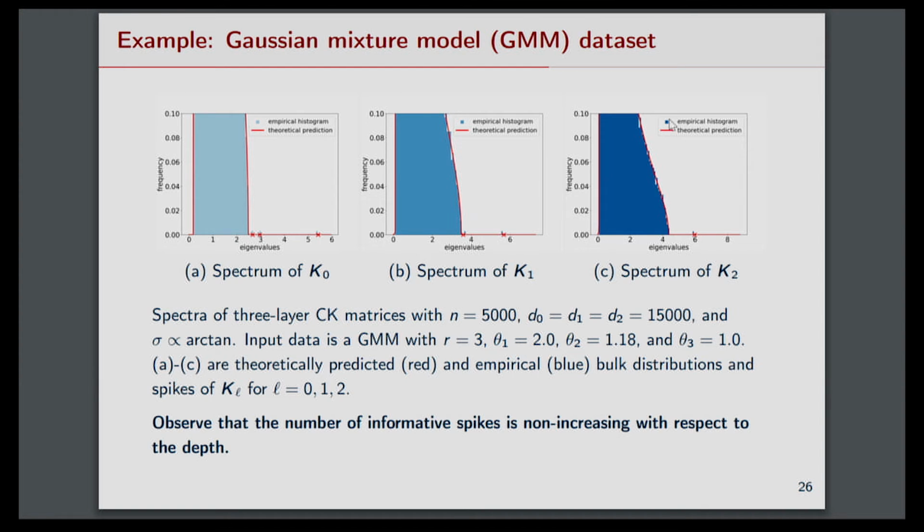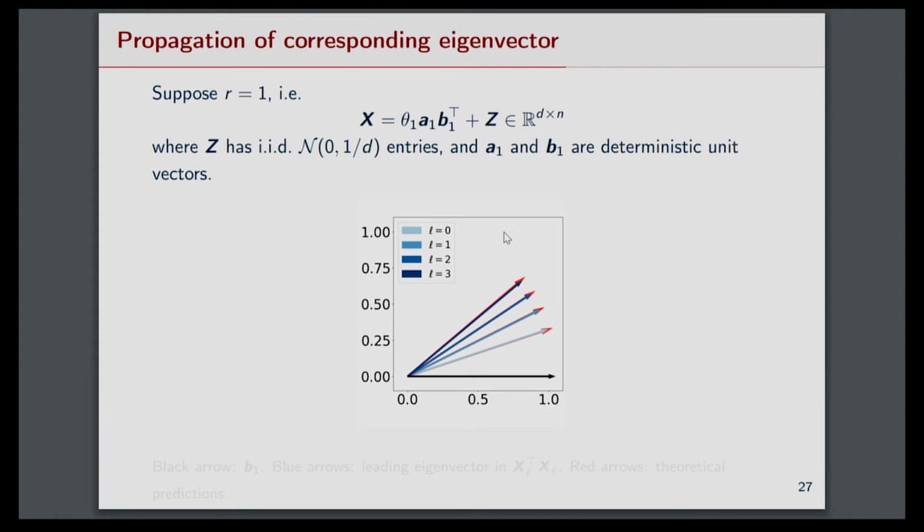We can also observe the eigenvector alignment, like the angle between these eigenvectors. So here is the case for r equals 1. If you have just a 2-block Gaussian mixture model, this B1 is the direction related to the labels of this data set. This black arrow is the vector corresponding to B1, and this one is the largest eigenvector for the data set X, and this is the largest eigenvector for X1, X2, and so on.